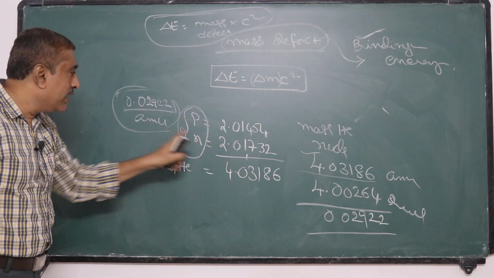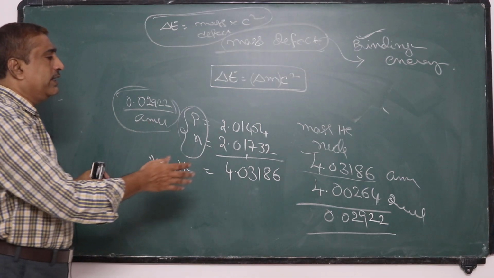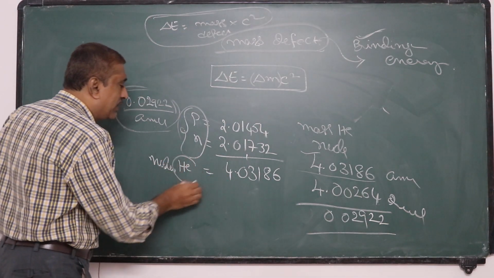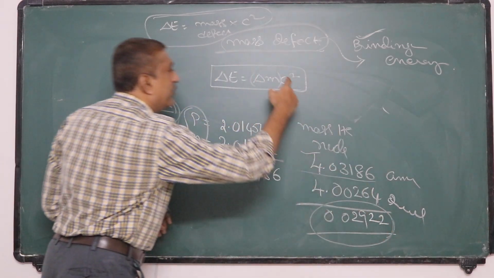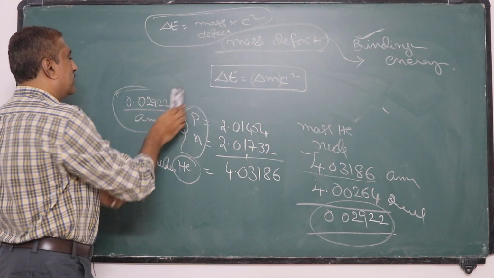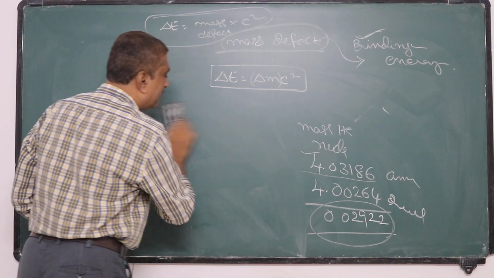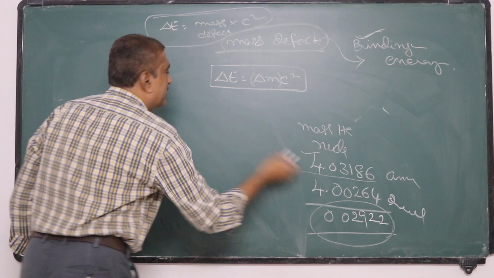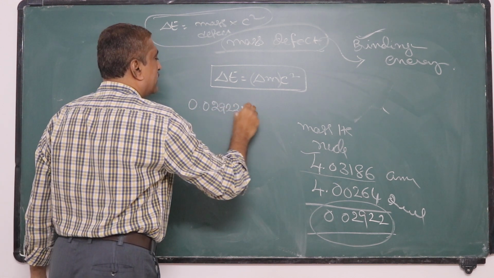Now if you consider this case, the amount of energy released during the formation of this helium nucleus is the mass defect, 0.02922 AMU, into c squared. So we can calculate, for example, the difference is 0.02922 into c squared.